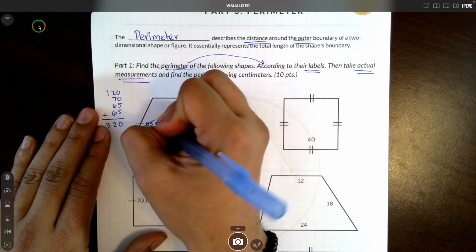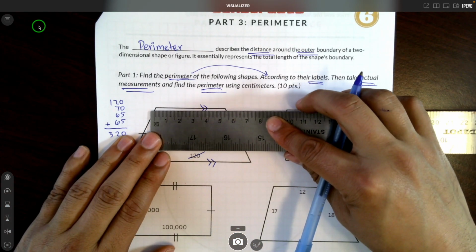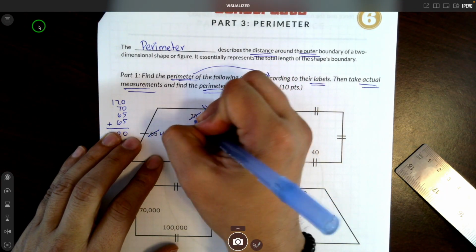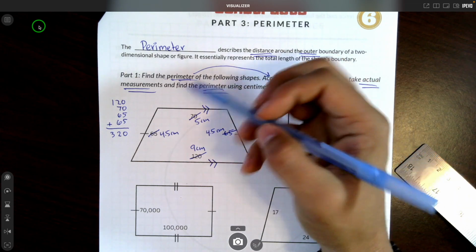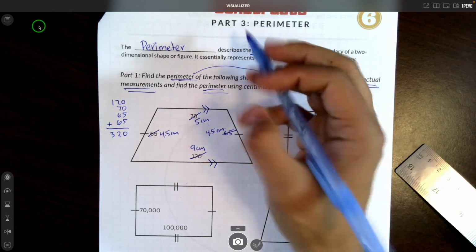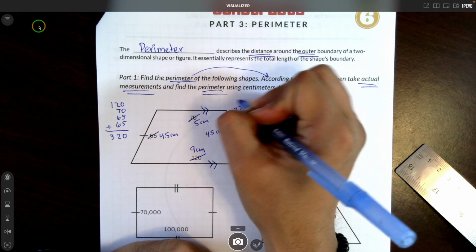So that means this is 4.5 centimeters. And that's not 70. That's more like 5. So this is 9. 9 plus 9 is 18. 18 plus 5 is 23. So it's really 23 centimeters. Go ahead and circle that.